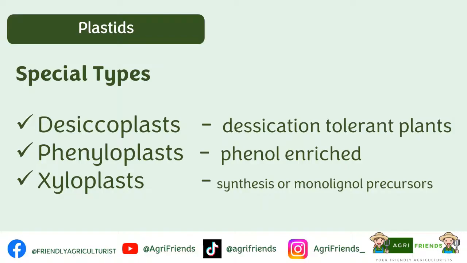The desiccoplasts are plastids that can be interconverted between chloroplasts and proplastids, and this is found in desiccation-tolerant plants. The phenyloplasts are phenol-enriched colorful plastids. Cytoplasts are specialized plastids in secondary vascular tissues that are dedicated to the synthesis of the precursors of monolignol production.